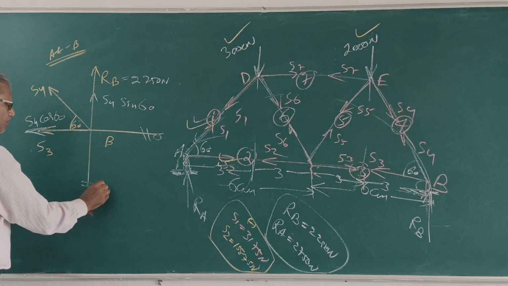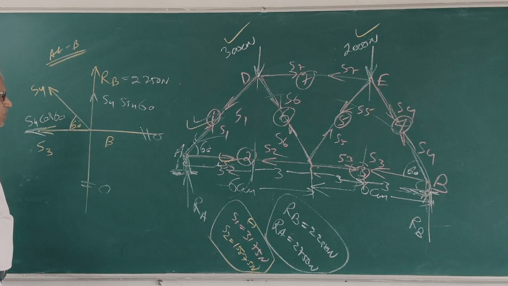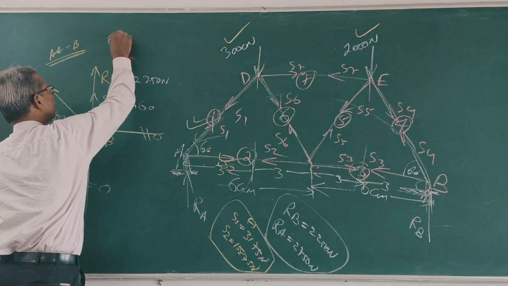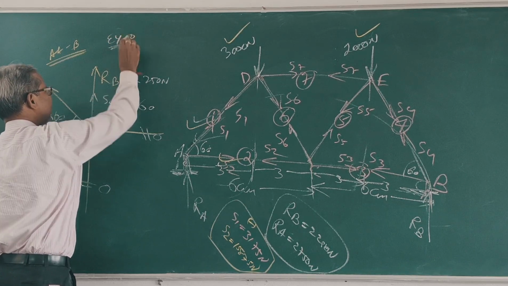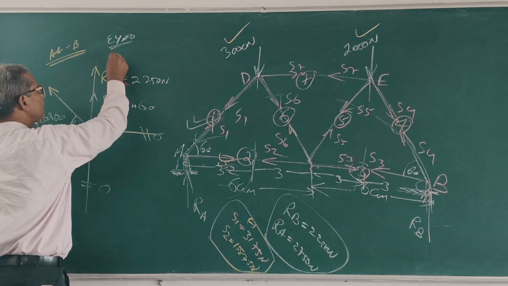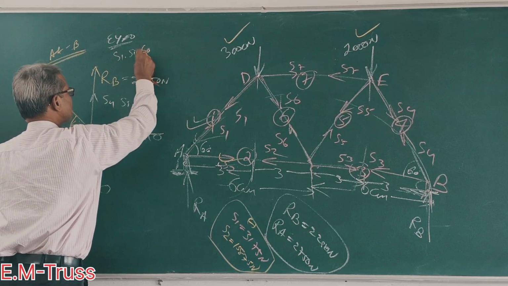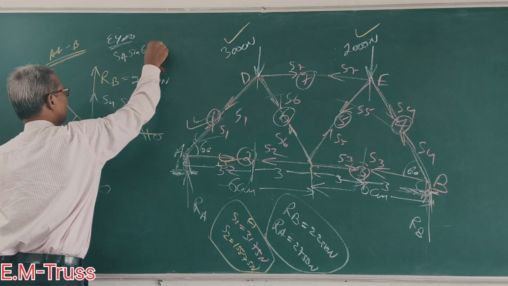Now make sigma y 0. Sigma y is equal to 0. What is sigma y? S1 sin 60, S4 sin 60 plus RB is 0. Clear?